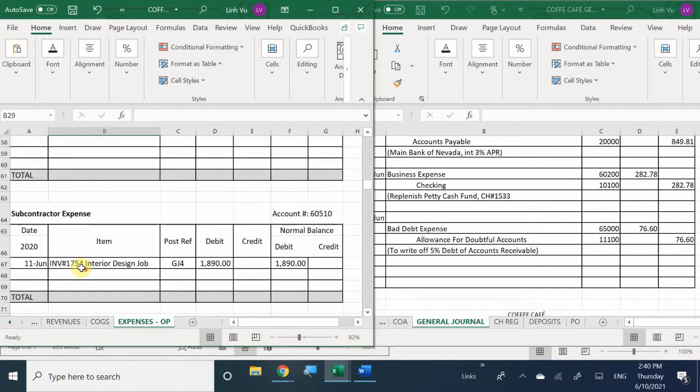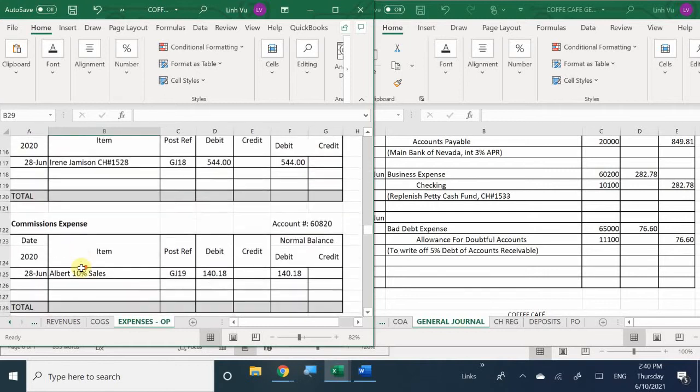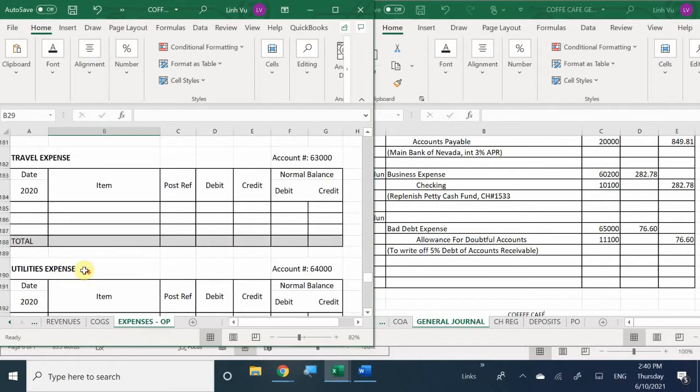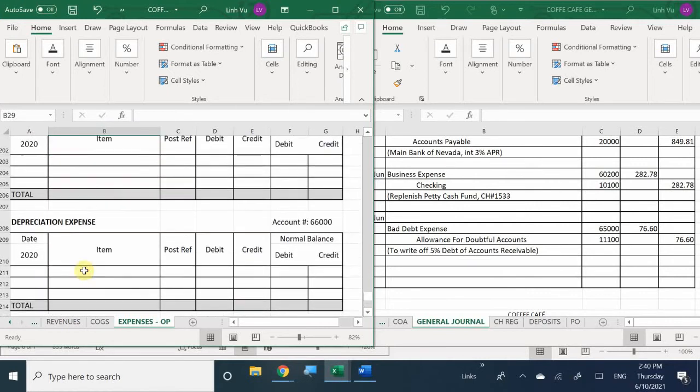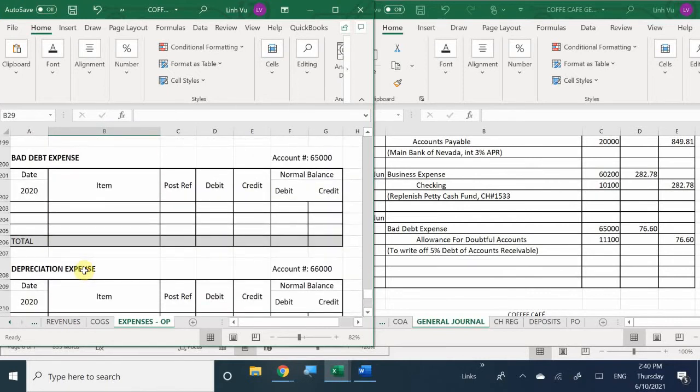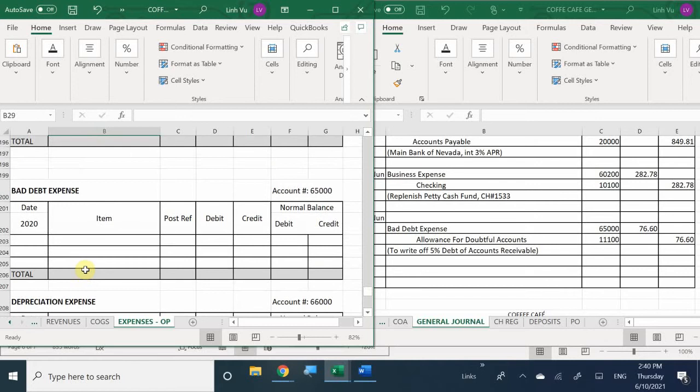So we're going to go all the way down till we find bad debt expense. Here we have it, bad debt expense.